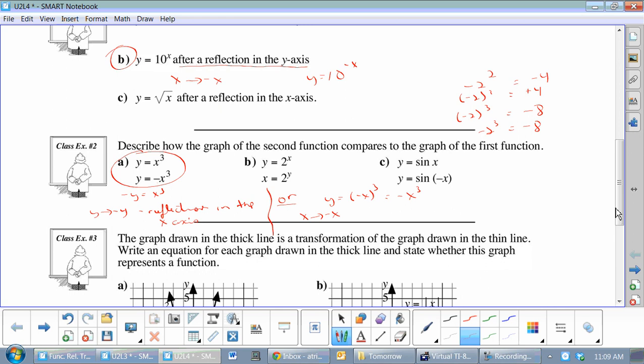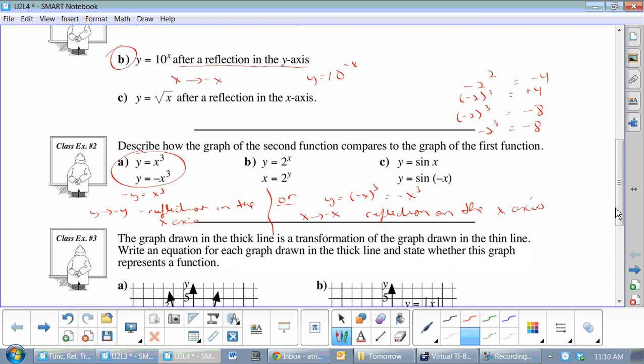Therefore, it could also be a reflection on the x-axis. Cubes, fifths, right? Anything that has an odd exponent changes the value if it's in brackets or not in brackets.